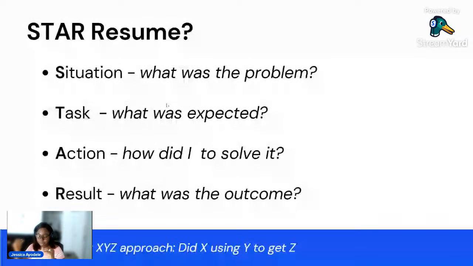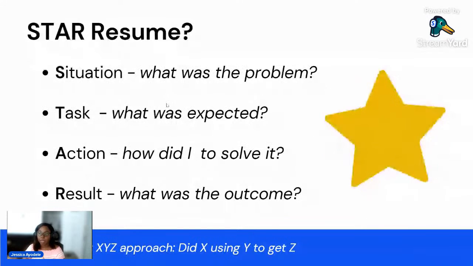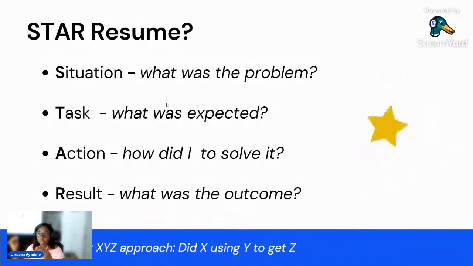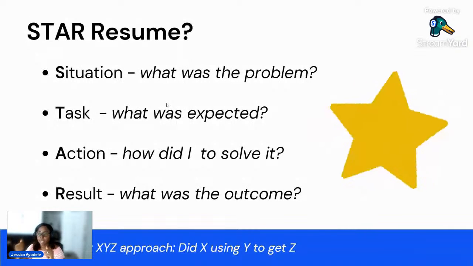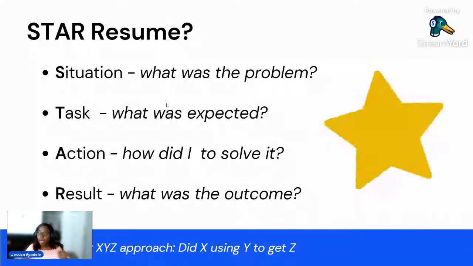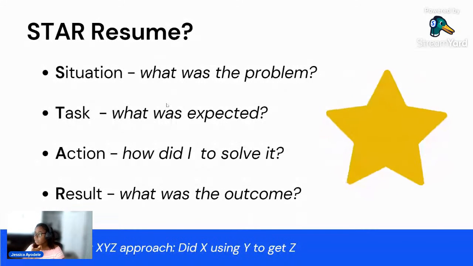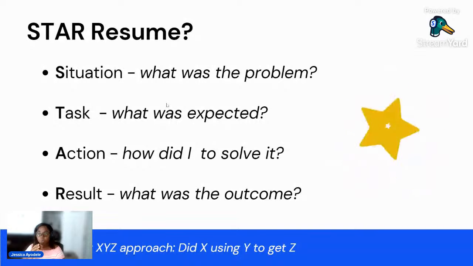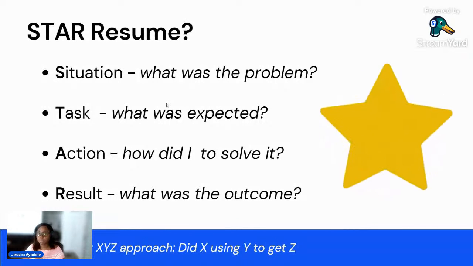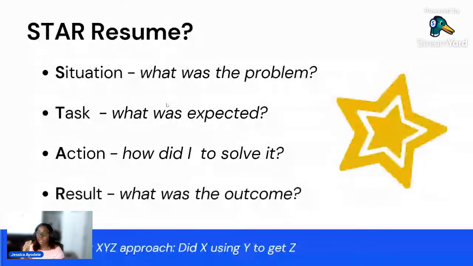The problem was that you wanted to increase productivity. Productivity was low. What was expected for us to get to 1,200 packages per day? How did I solve it? I reorganized the layout. And what was the outcome? Obviously, the outcome was that you increased productivity from 1,000 packages per day to 1,200 packages per day.